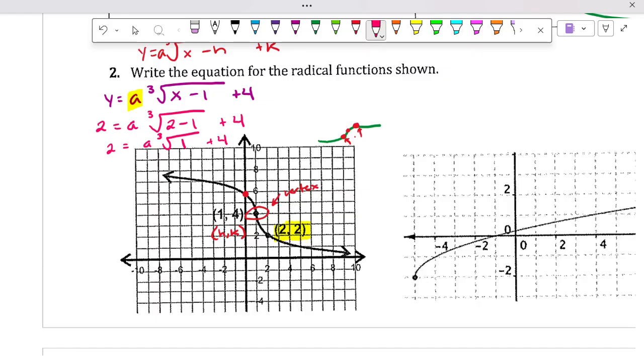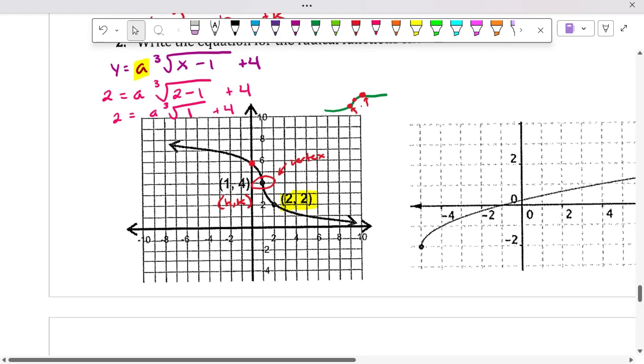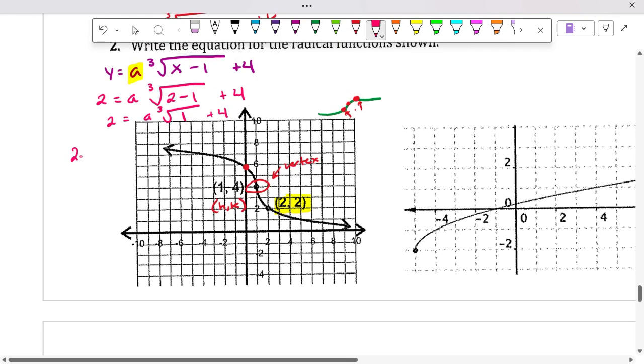So this would be 1 times A, or just A. This would be 2 is equal to A plus 4.